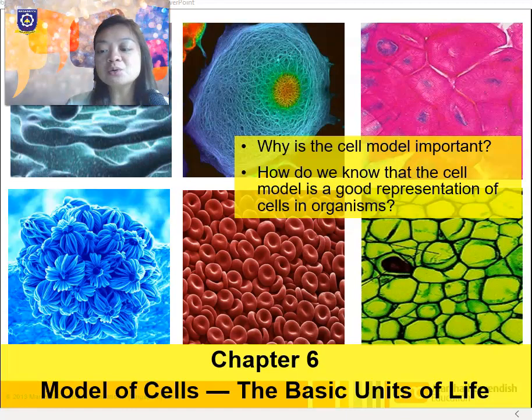Okay, so now we're going to be talking about the second model known as the cell model. And why is this cell model so appropriate or so important and such a good representation, or why does it show us that it represents all the cells in organisms?